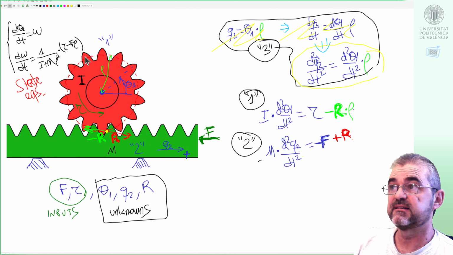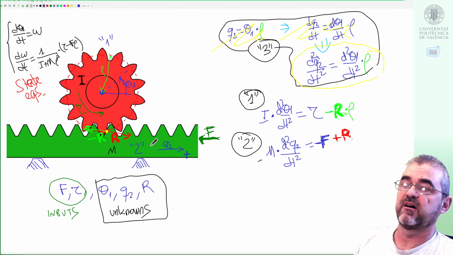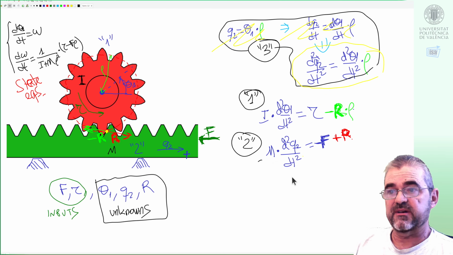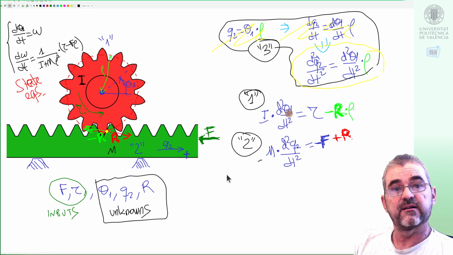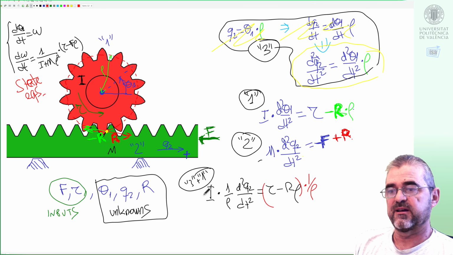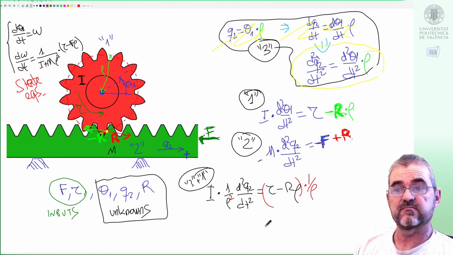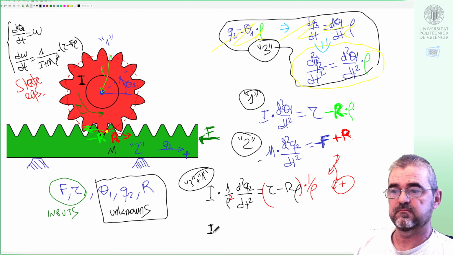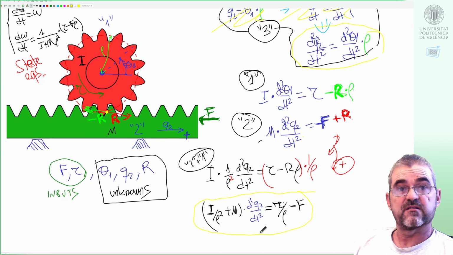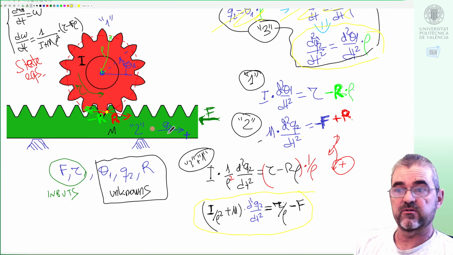If we now quickly do the reduction to the linear movement, eliminating theta 1 and reaction force, then I will replace equation 3 in 1 to get this, and then as I am looking to eliminate reaction force, I will divide by rho both sides, so that when I add up these two equations, I will get this final equation in which only the acceleration of the green object is the unknown.